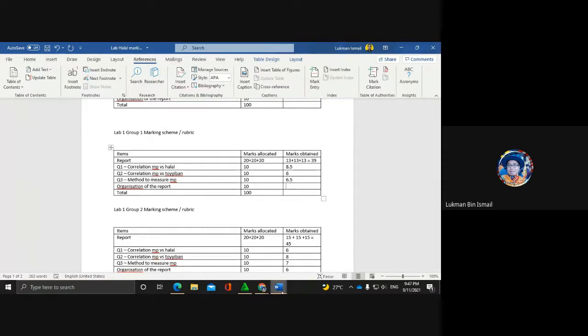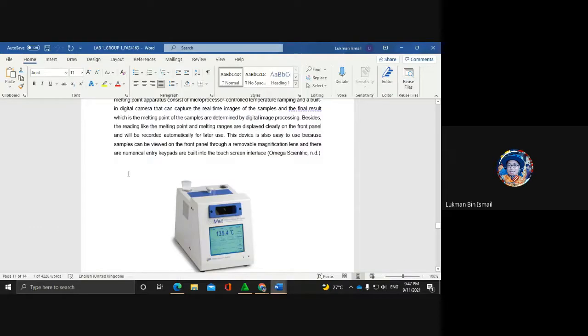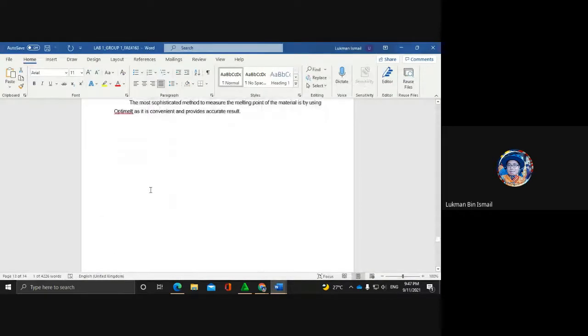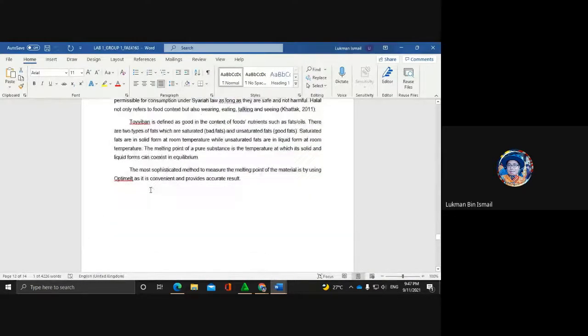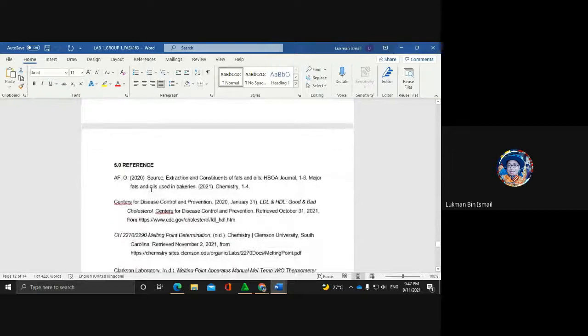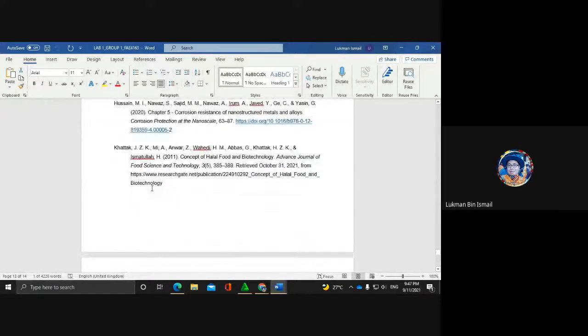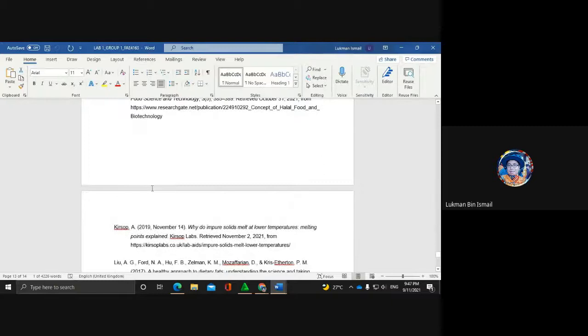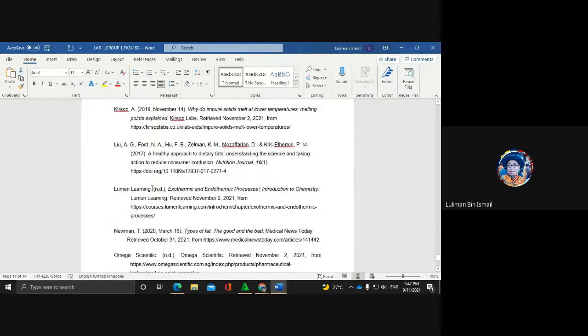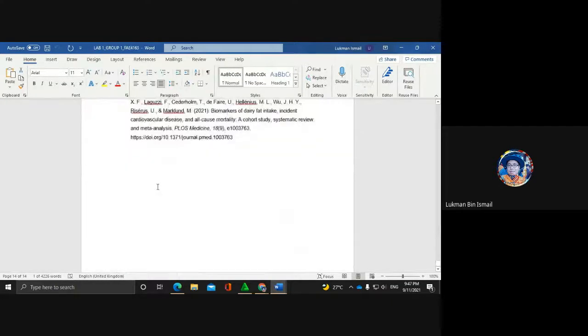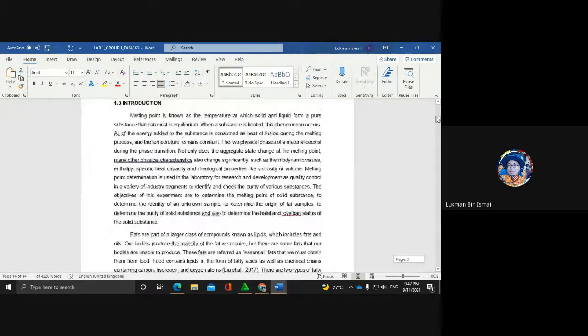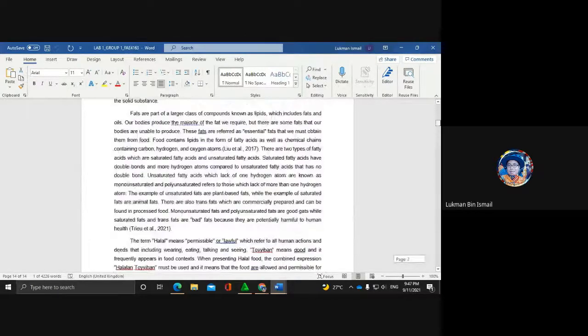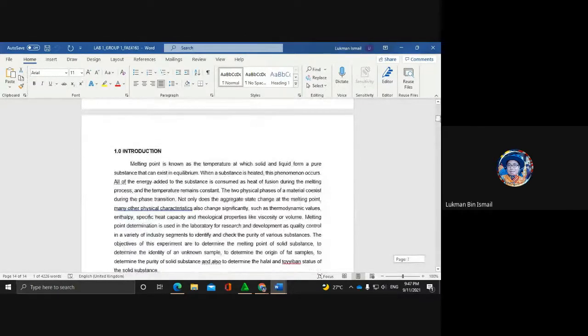Organization of the report. You have a conclusion and the reference is okay. You don't have an abstract or summary at the front.